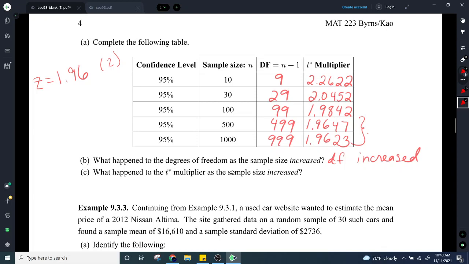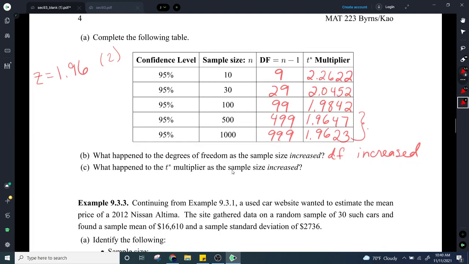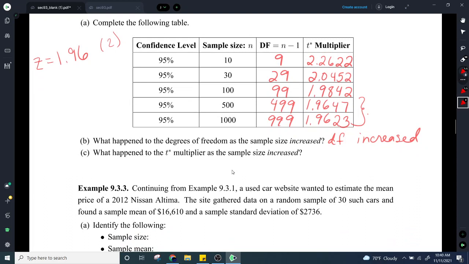And the reason that's occurring is because, remember, we said as the degrees of freedom gets larger, the t distribution gets closer and closer to a standard normal distribution. So for a 95% confidence level, the multiplier should get closer and closer to this 1.96 number, and that's exactly what it's doing here. So let's write that down.